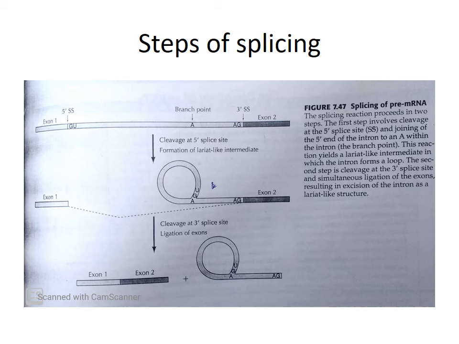It can be broken with the help of some particular proteins, which we'll discuss in detail later on. So this intron and exon 2 will also cleave from each other, and ultimately both of the exons will ligate to each other, and the intron is released as a lariat structure.